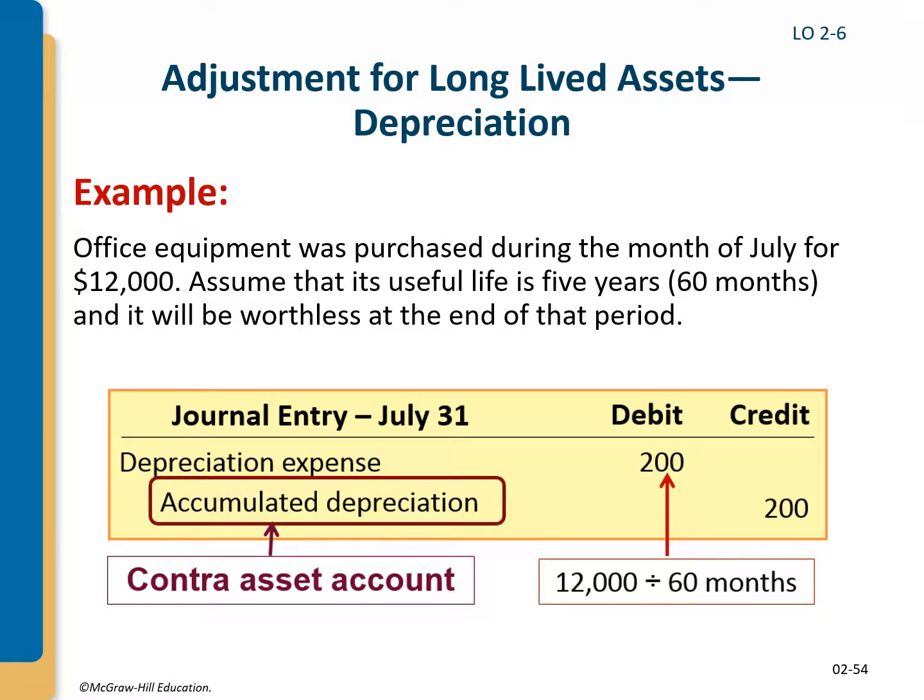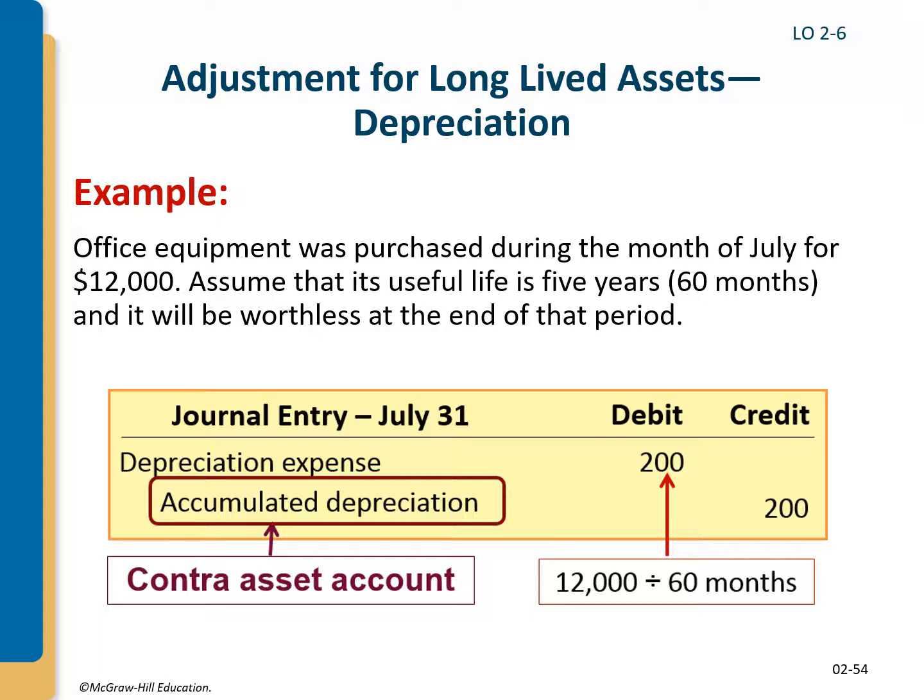So instead of just expensing that whole piece of equipment the day we buy it, no, our expense recognition says, no, call that an asset. And then as you use it, you could expense the cost of that. But remember that 60 months is an estimate. So we debit depreciation expense and we credit that contra asset account. Remember, contras have a buddy.